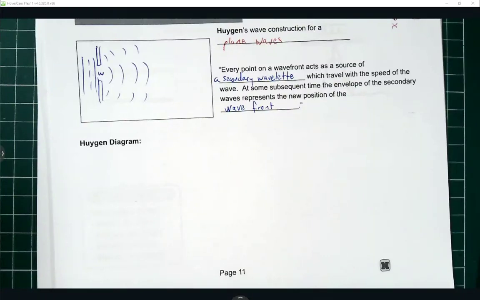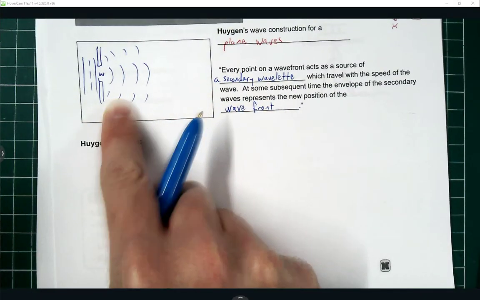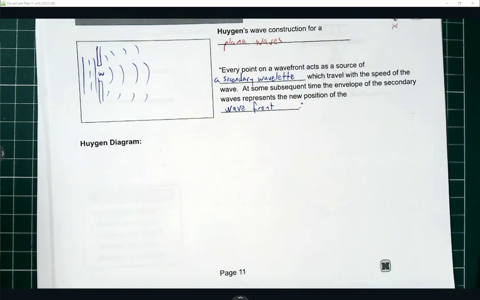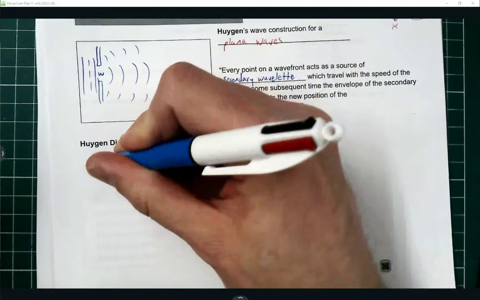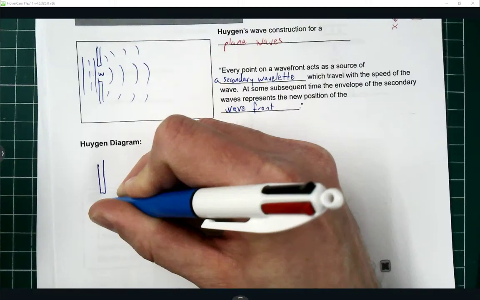So I want to try and use this idea to redraw this diagram in a Huygens kind of way. I want to have myself a barrier. Make it nice and pronounced.